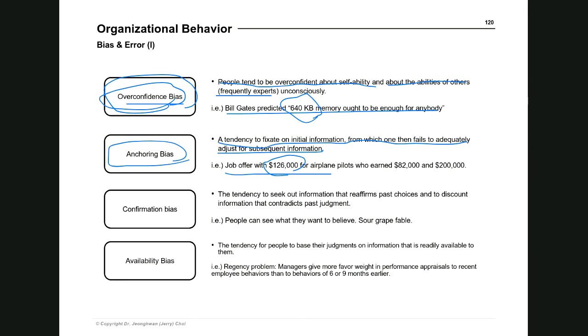What if you are now taking $200,000, and will you take the job of $126,000? Yes or no? Probably no.